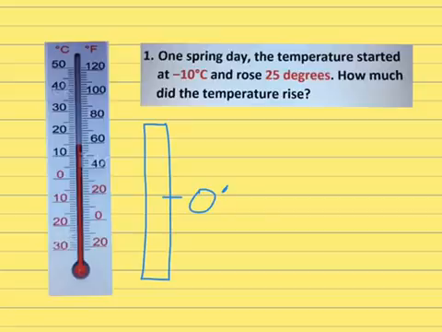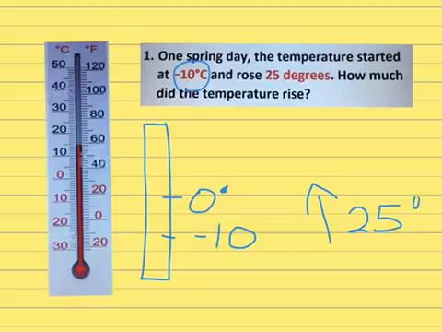So there is 0 degrees. I know it's sloppy. And it said the temperature started at negative 10 degrees. So I'm going to write negative 10 right here. And then it rose, so I know I'm going to go up 25 degrees.